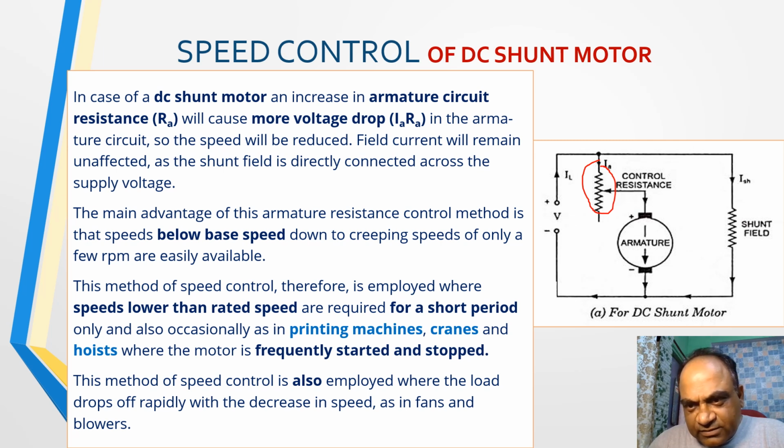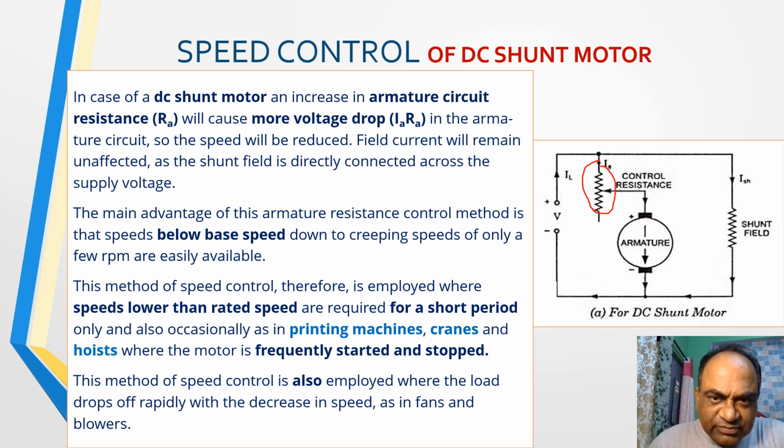Basically, some voltage will be dropped here, and that voltage will not be available to the armature, and the armature will get reduced voltage. So it will run at lesser speed.